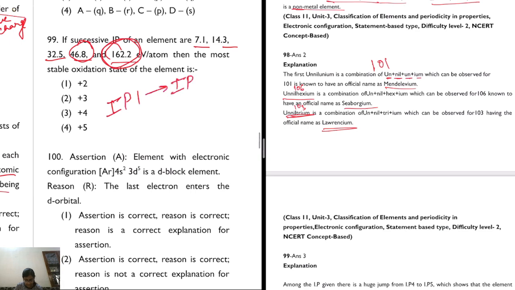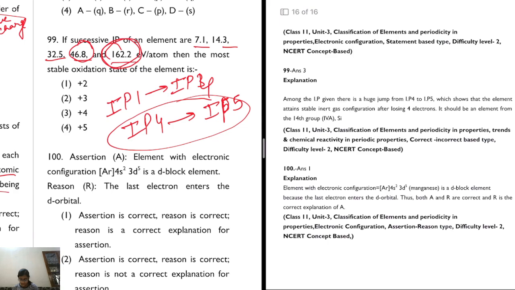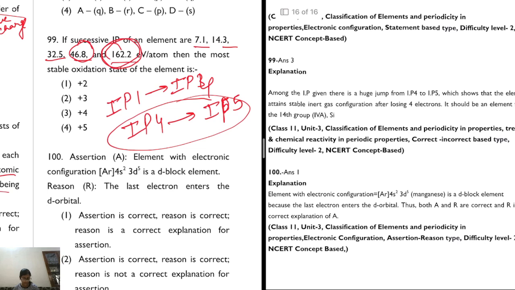This is almost the same, but from IP4 to IP5, there's a huge gap. Okay. So, which shows that the element attains a stable gas configuration after losing 4 electrons. That is why it would not like to go to the fifth oxidation state. Our answer would be +4.